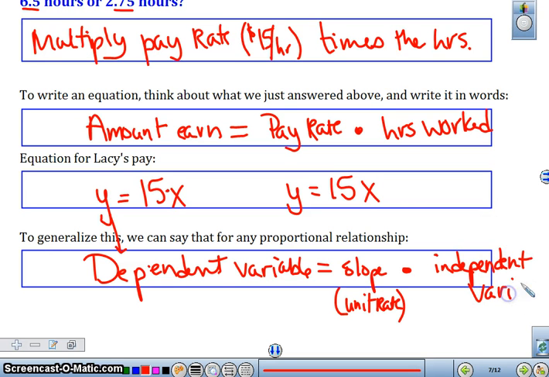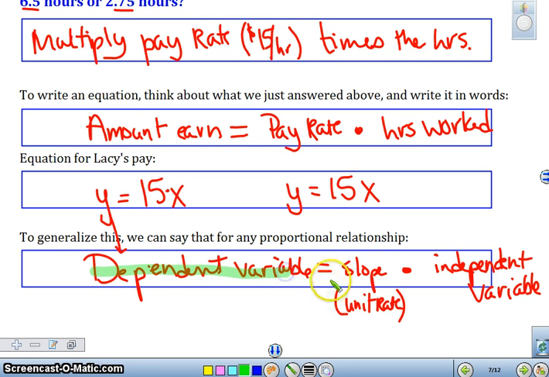And if you can get this in your head for setting up equations, it's going to make your life much easier. Dependent is always equal to the slope or unit rate times the independent. And this is always equal when we are taking a look at that.